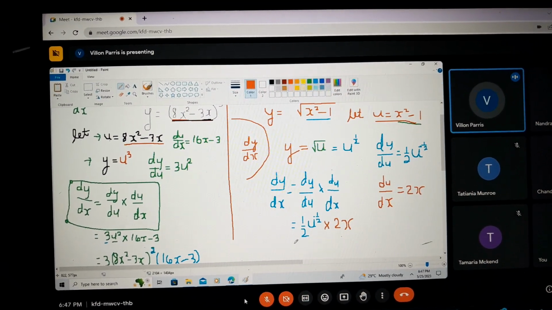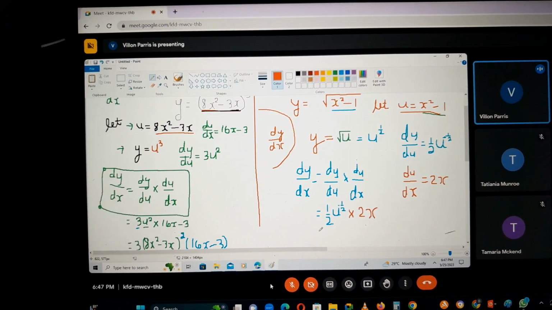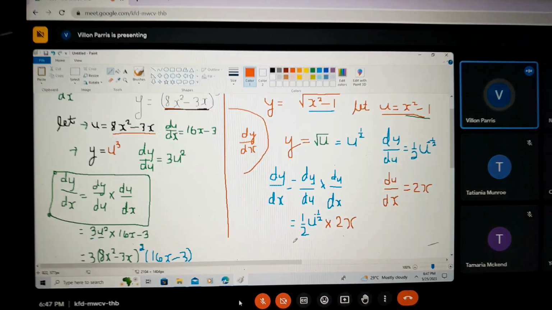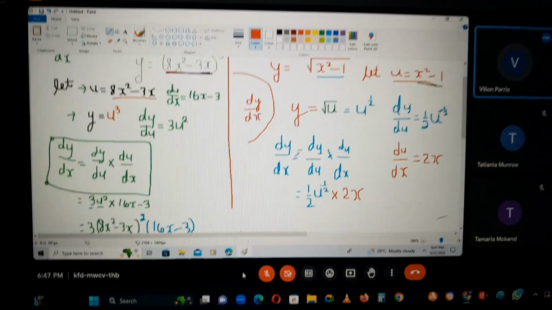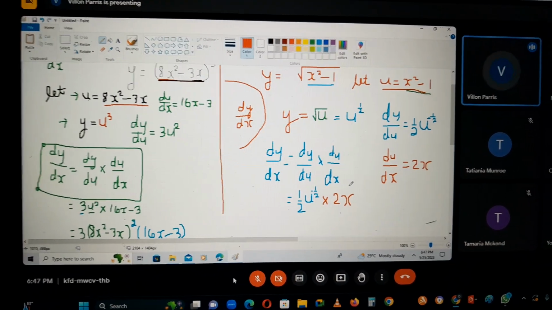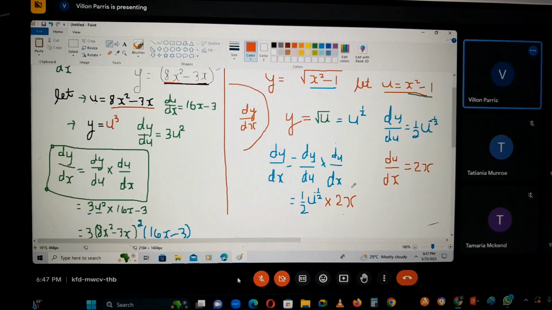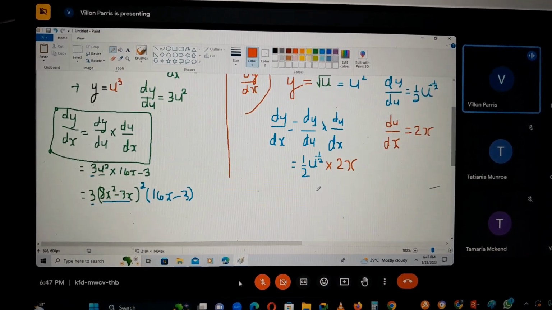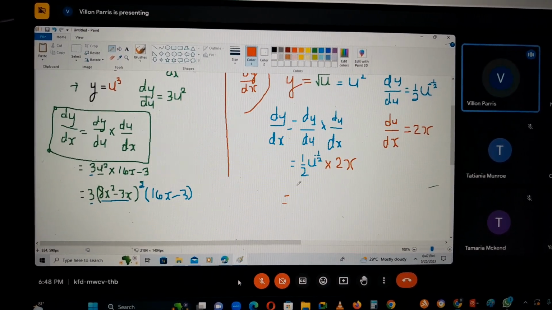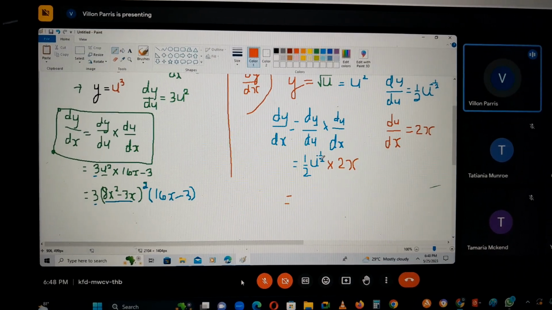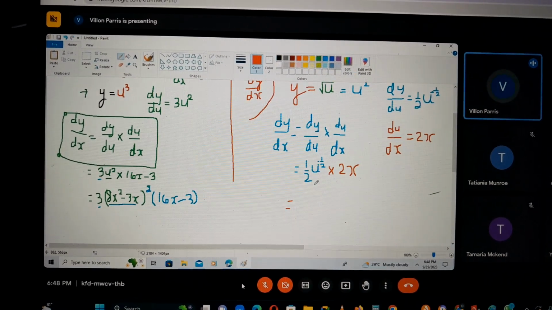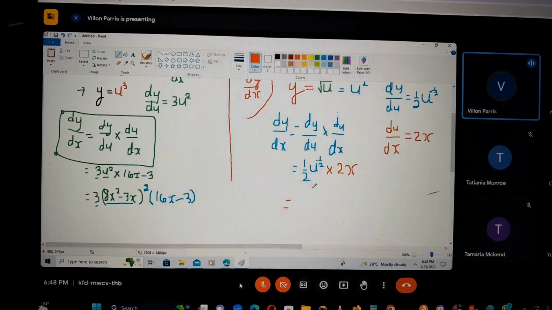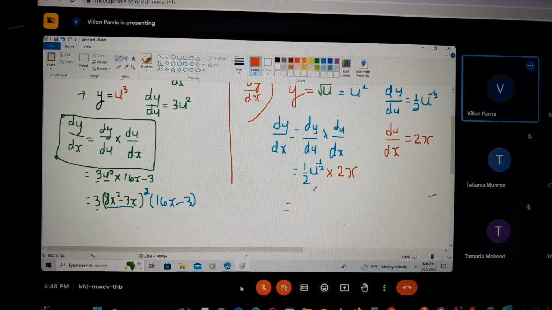All we need to do now is simplify. So the final step, when you put in your dy du and your du dx, is to simplify. That's basically what you have to do. If you remember your laws of indices, when we have a negative index, we can simply put 1 over the variable and make that index positive.